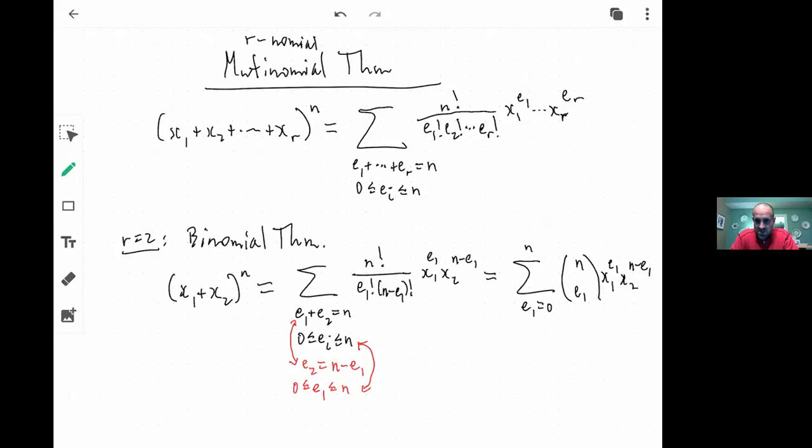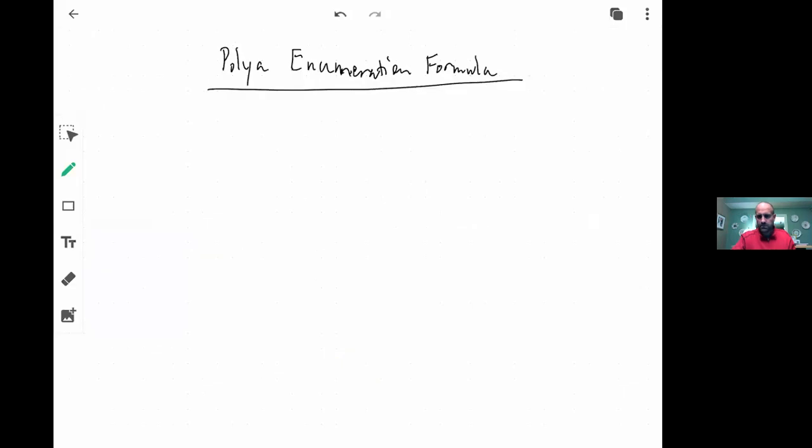And so you can get some massive simplifications happening if you're really aware of when the multinomial theorem is in play. Okay? All right. So we're going to be using this at will when we go to rigorously justify, actually, not the multinomial theorem, but the Polya enumeration formula. We will utilize the multinomial theorem at will.